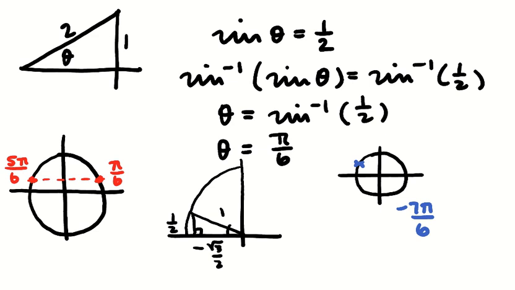Or what if we went all the way around the unit circle once and then went another pi over 6? Well, that would be 12 pi over 6 plus another pi over 6 is 13 pi over 6. And really what you could do is take pi over 6 and 5 pi over 6 and add 2 pi, subtract 2 pi, and you could get an infinite number of solutions.